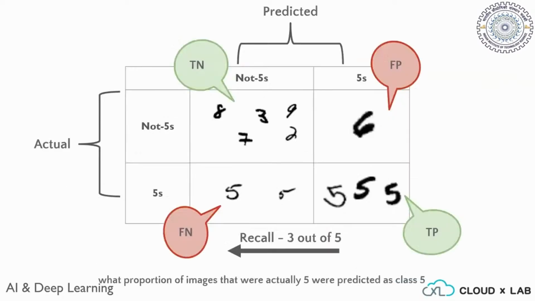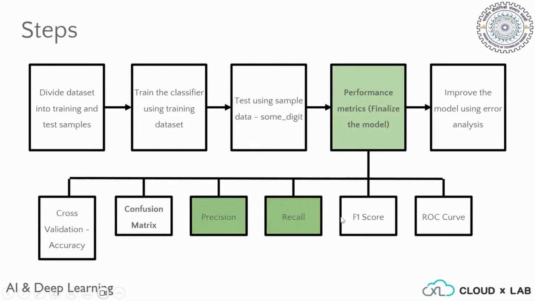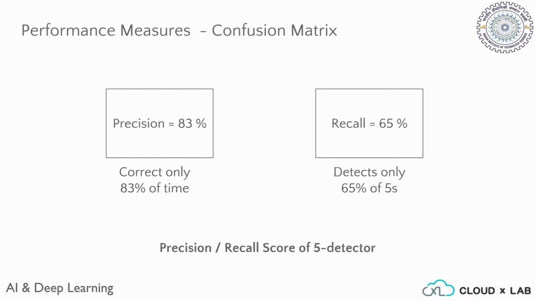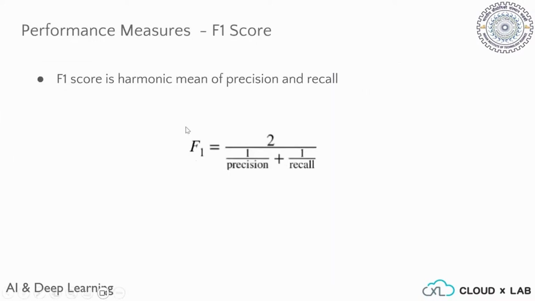Okay. So now we have two performance metrics, precision and recall. But as I said, sometimes we need both precision and recall, and we want to give equal weightage to both. Then we will consider the F1 score. So the F1 score is nothing but the harmonic mean of precision and recall, right? So let me show you the formula. The F1 score is the harmonic mean of precision and recall, right?